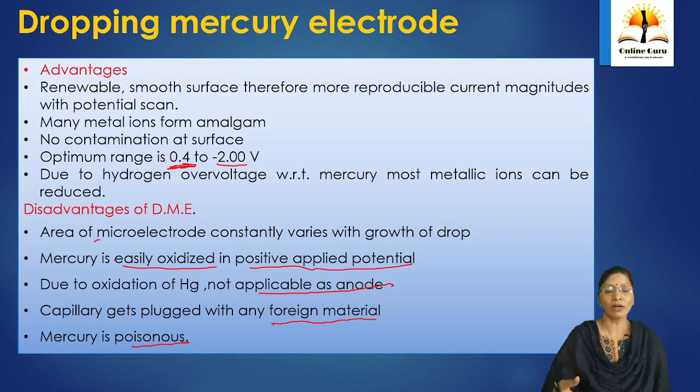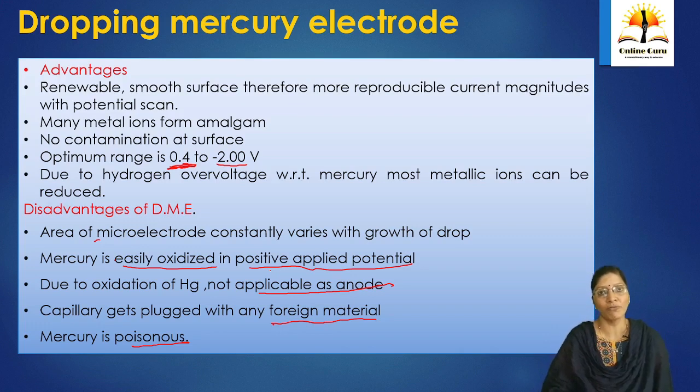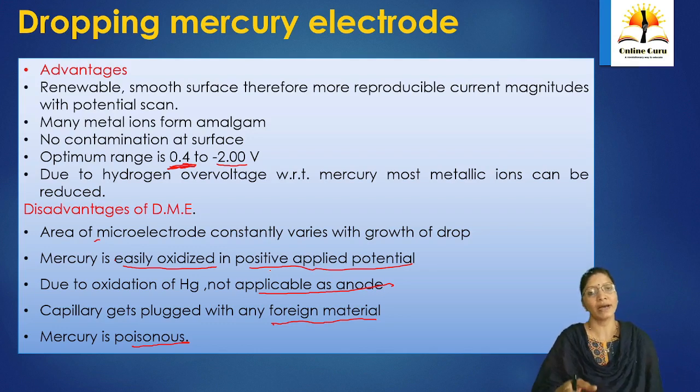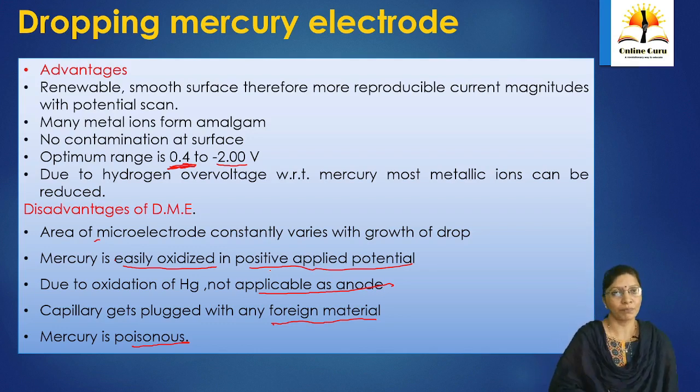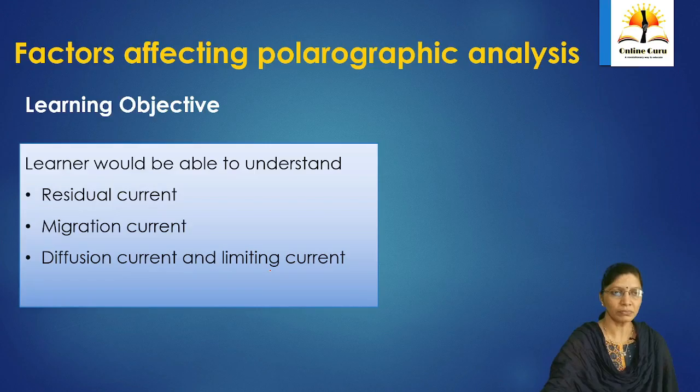Initially he was not aware of the poisonous nature of mercury and what it can cause, but it had a hazardous effect on his body. So the poisonous nature limited the use of the dropping mercury electrode system as a micro electrode.